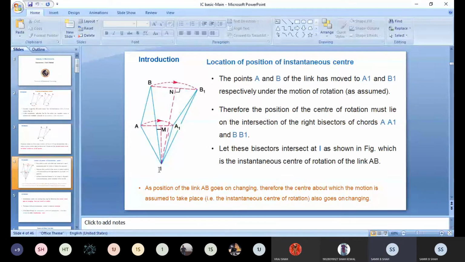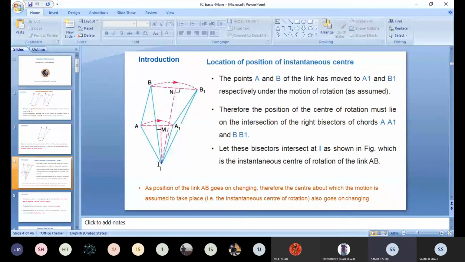The locus of all such instantaneous centers is known as a centrode. You remember that the locus of all instantaneous centers is known as centrode.